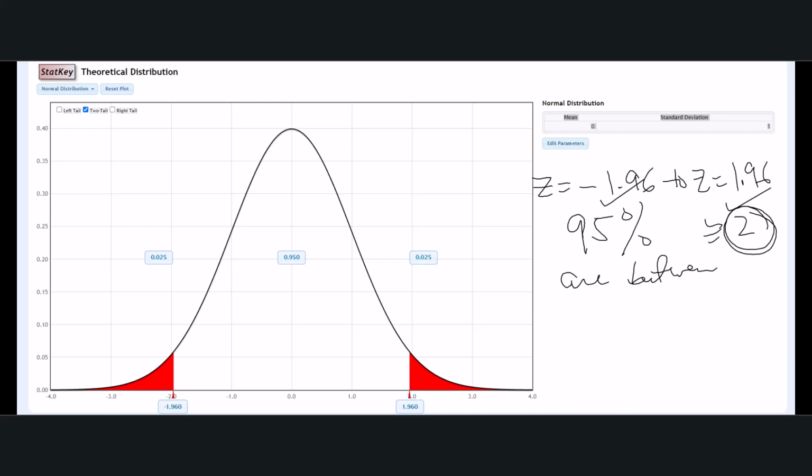The more precise value is 1.96 instead of 2, as you saw there. And here you can change it if you would like.